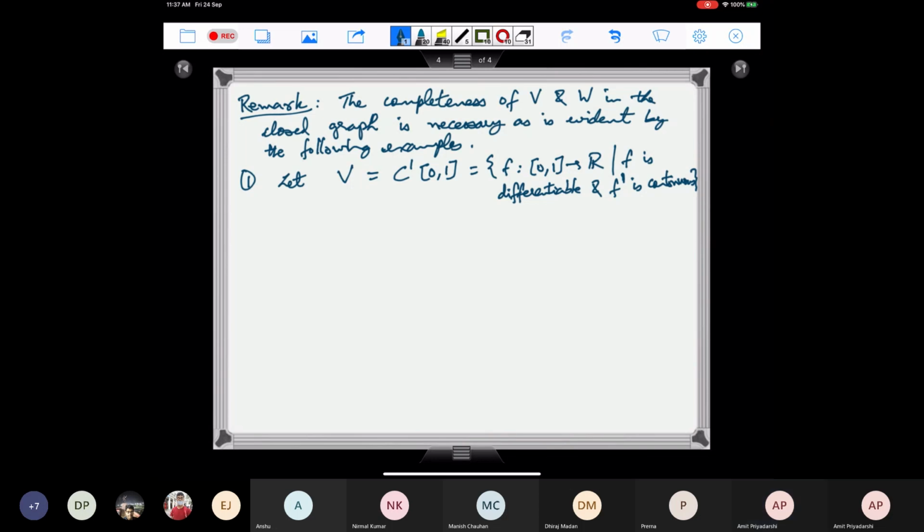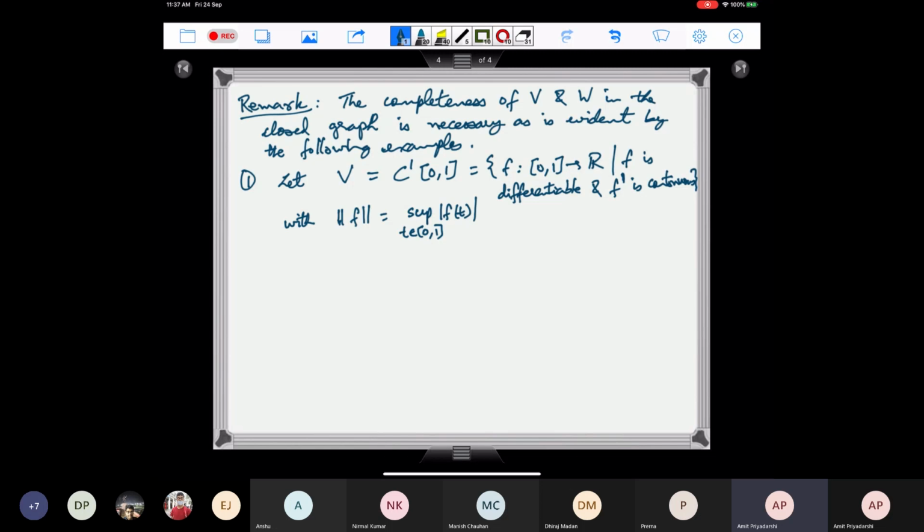So with norm of f equal to the supremum of |f(t)| for t belonging to [0,1]. Because this C^1[0,1] is a subset of C[0,1], we can take the norm which is on C[0,1].